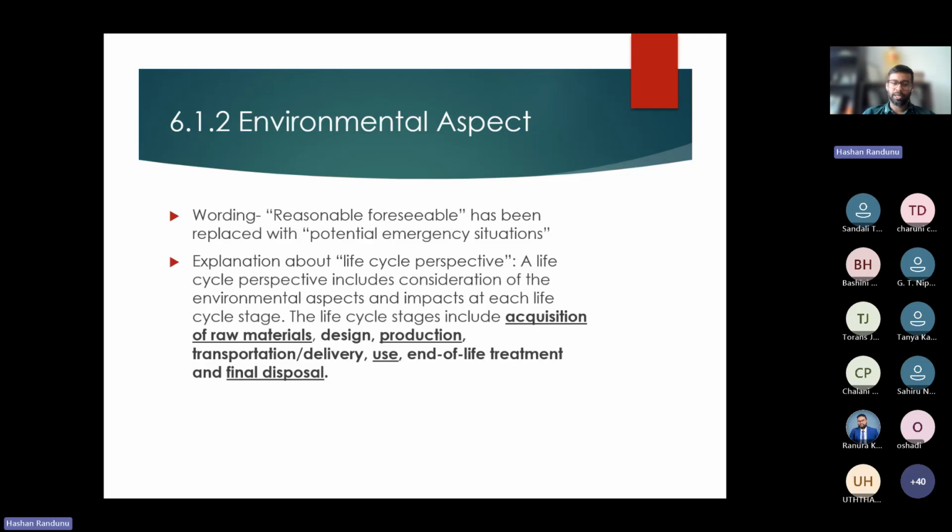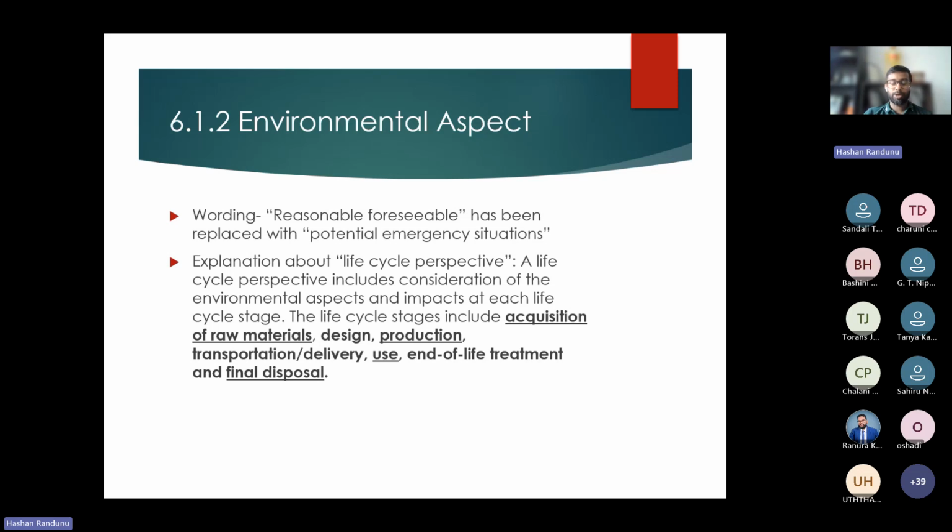There are a lot of examples where big clothing brands expect their manufacturing partners, which means garment factories, to be certified with the ISO 14001 standard, carbon calculations, and sustainability-related standards. That's another example of life cycle consideration.